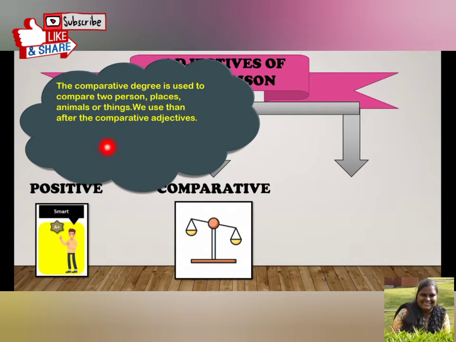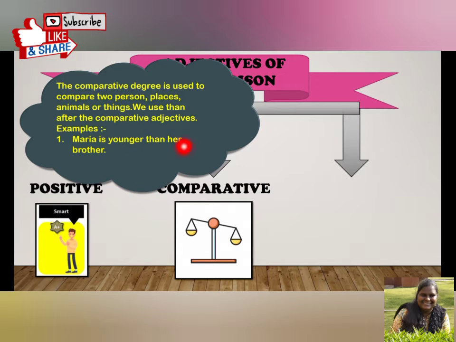The comparative degree is used to compare two persons, places, animals, or things. We use than after the comparative adjectives. Normally whenever we write a sentence, we use the word than to compare two people in a sentence. Let's look into the examples.